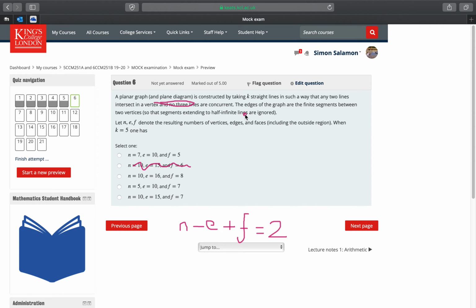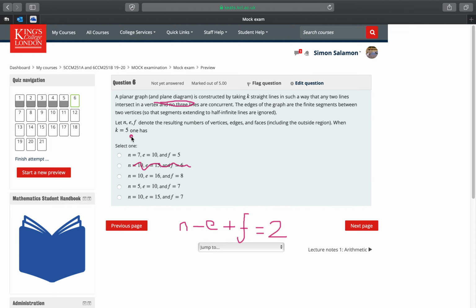To solve a question like this, you just really have to understand what it's telling you. So we have k straight lines, but in this quiz version, k is 5. If you look at the exam, I think you'll find a more general statement is required. But here we're just reducing to k is 5.